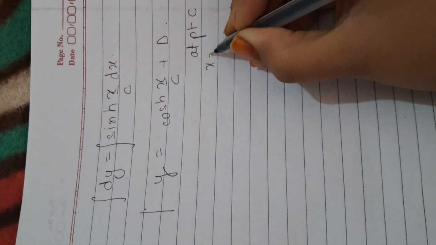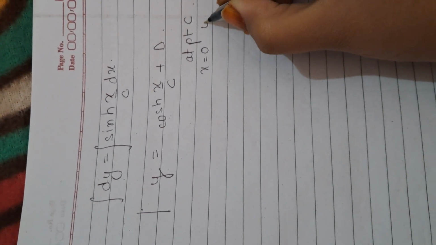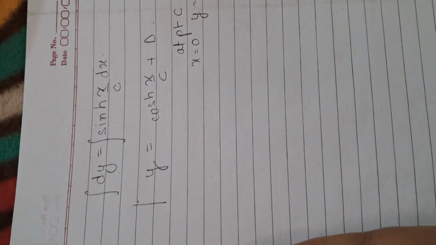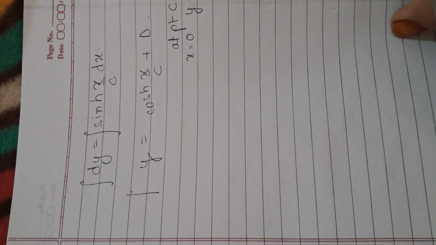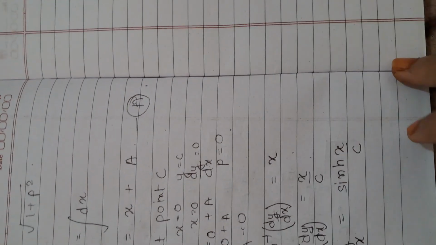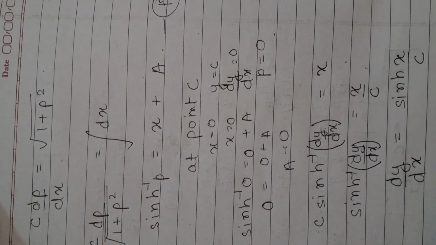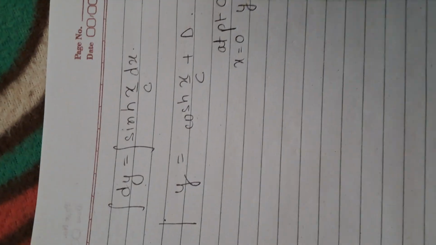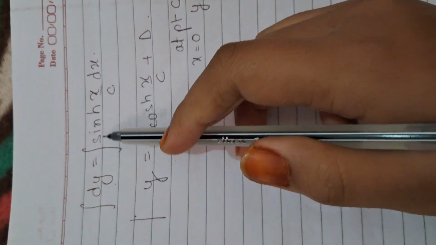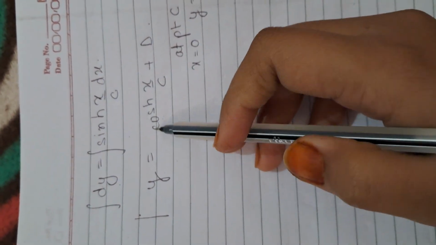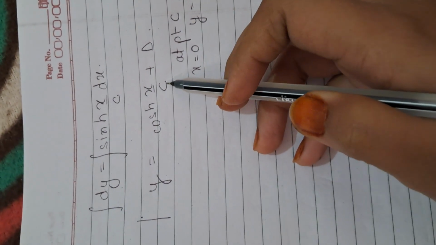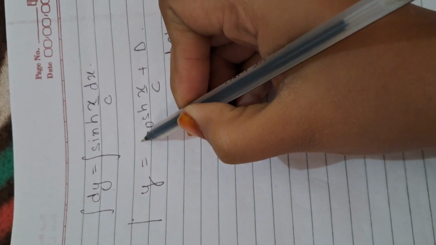One thing is missing: when we integrate sine hyperbolic x by c, we get cos hyperbolic x by c, and as c is constant, it will come here.